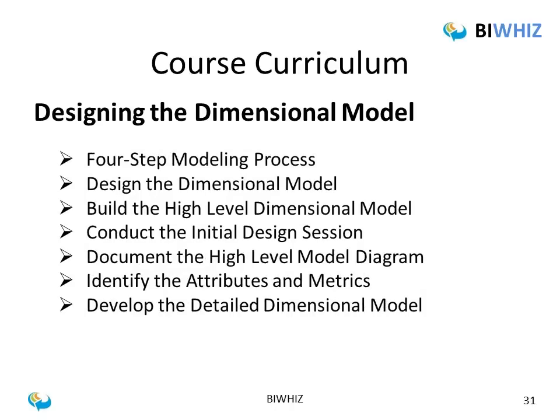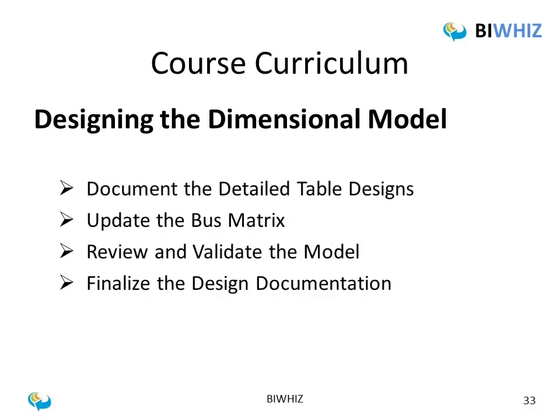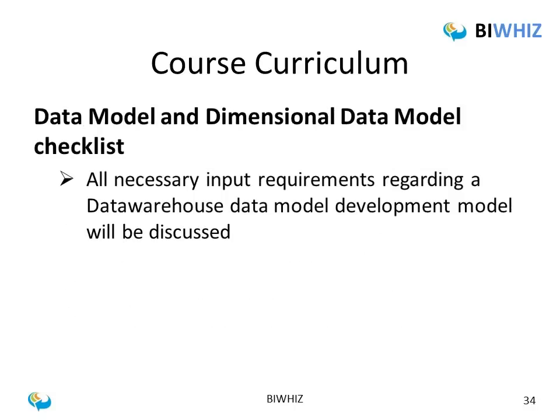Then there is a 4-step modeling process: how to design the database dimensional model, how to create a high-level dimensional model, then how to go into detail, how to identify the sources, how to consolidate the data sources, and how to establish the conformed dimensions. All of these we are going to discuss in this course.